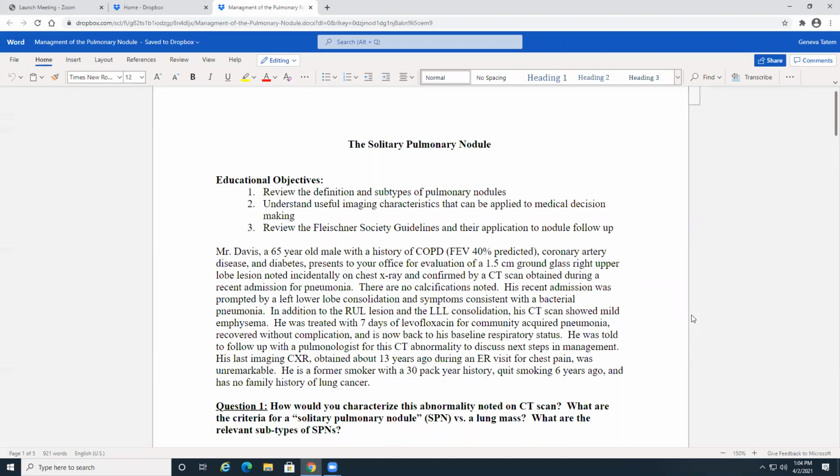So your first question is, how would you characterize this abnormality noted on CT scan? What are the criteria for a quote unquote solitary pulmonary nodule versus a lung mass? And what are the relevant subtypes of solitary pulmonary nodules?